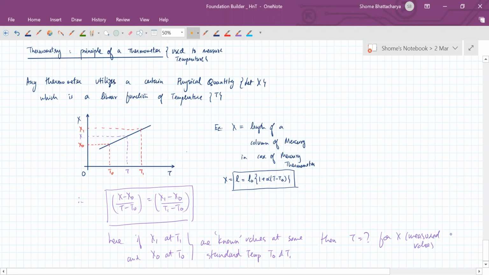Okay. So I'll explain this with an example. So from this formula, we can calculate the value of T from this value of x. Just make a note of this, we'll discuss.